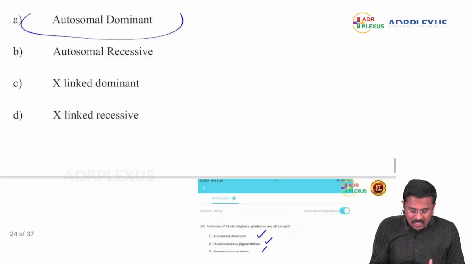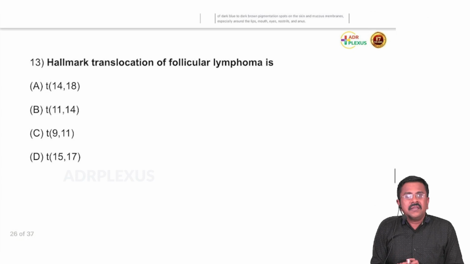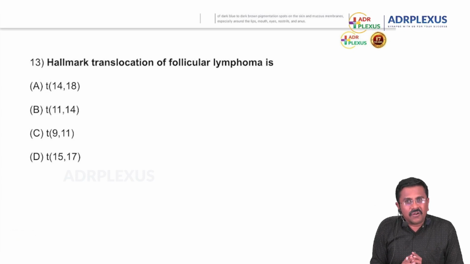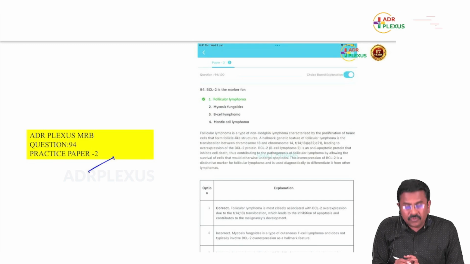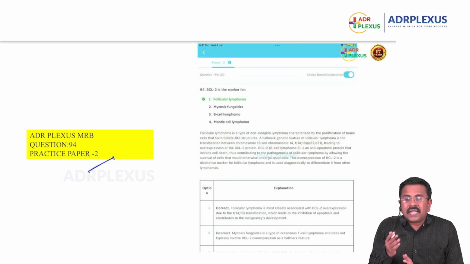Yes. Moving on to the 13th question, hallmark translocation of follicular lymphoma is. Once again, one more question from our direct workbook. You can see the proof in practice paper 2, question number 94, which asked about BCL2 as the marker of follicular lymphoma.